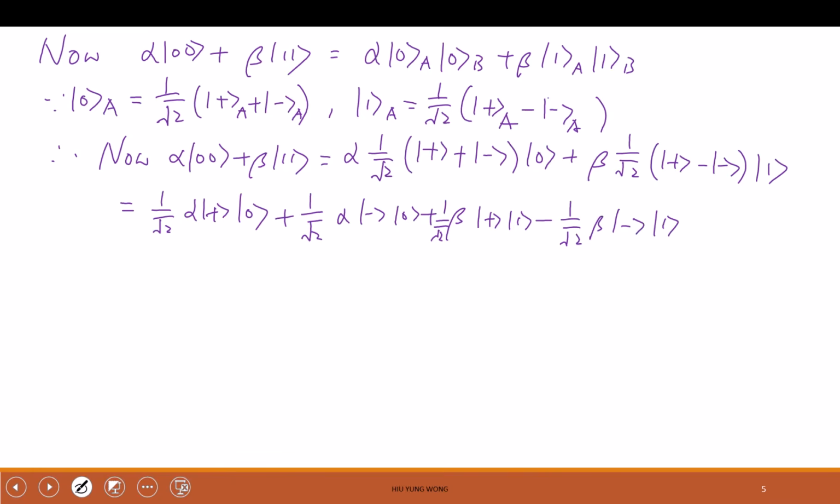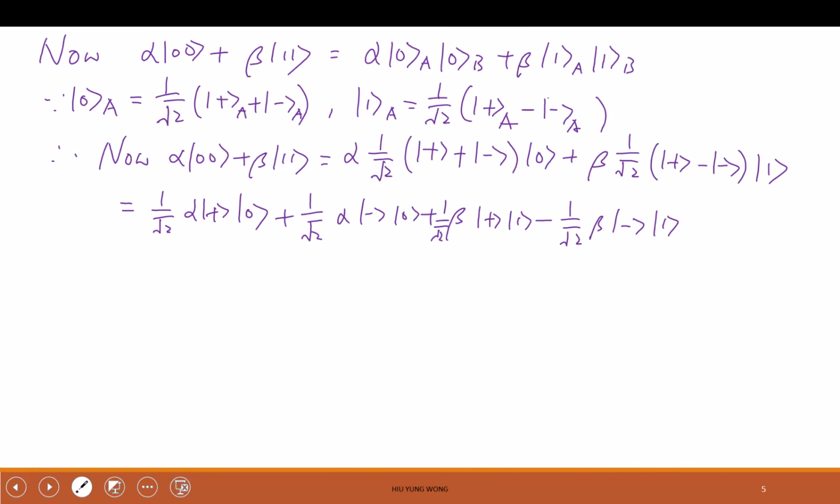Do you see that? I have 4 terms because this is plus minus times 0 plus minus times 1. So I have plus 0, which has alpha, minus 0, also alpha, beta with plus 1, and negative beta times minus 1. Is that okay? You just go through the math.